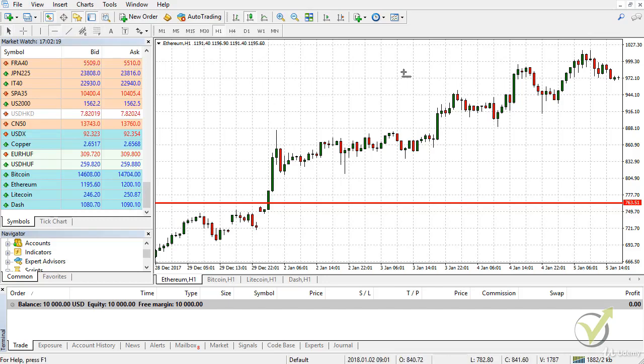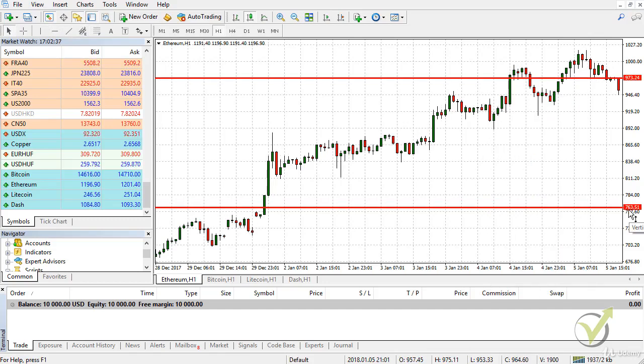Okay, so let's say somewhere here, just to give you a brief example, we enter at 763 and we are out on 973. We benefit from this difference, we take this profit and we are out.